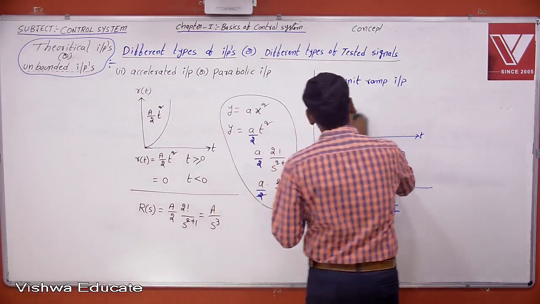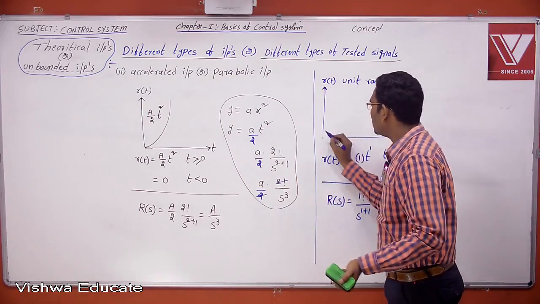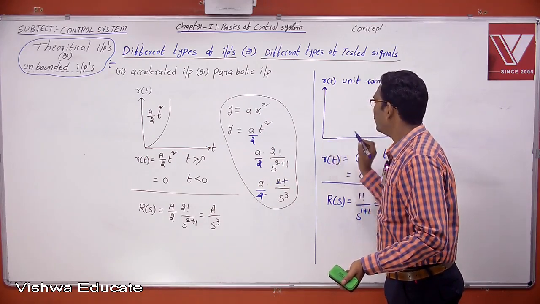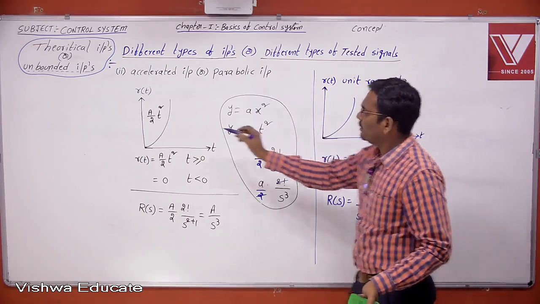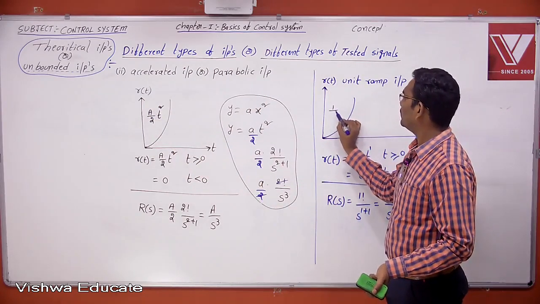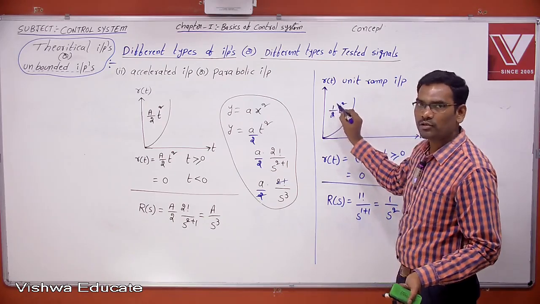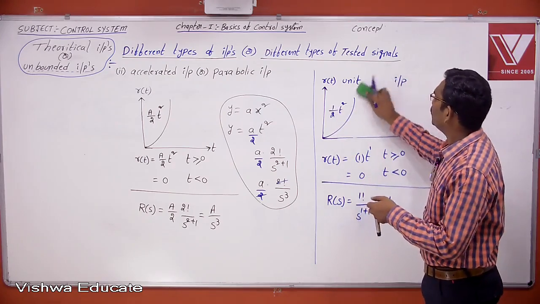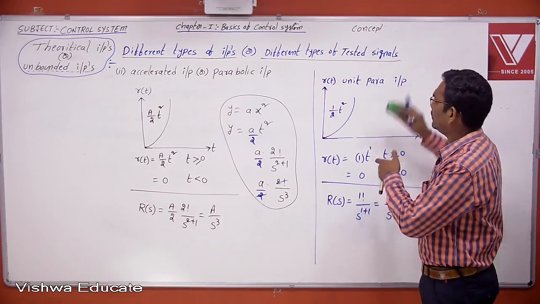If you take this constant a as 1, you know that whether it is a constant, slope, or magnitude, whatever it may be, if it is 1, then this is the unit parabolic input.